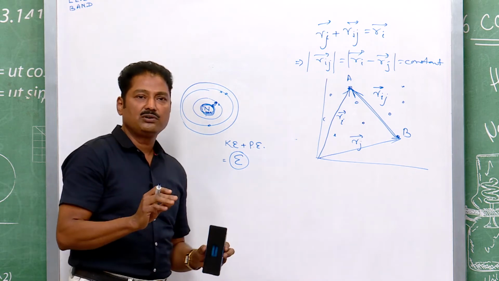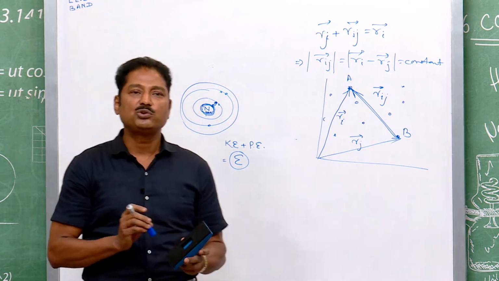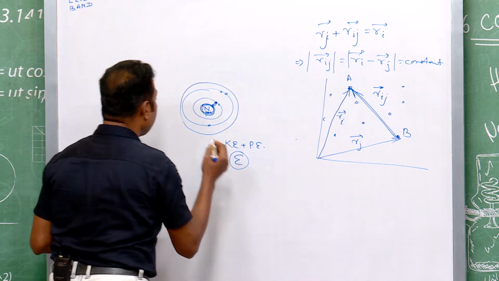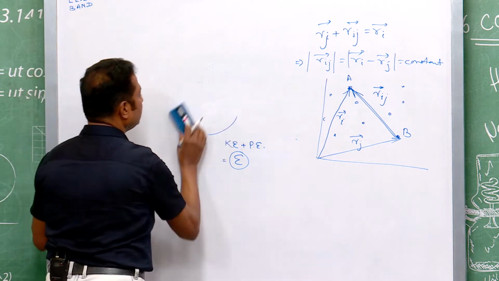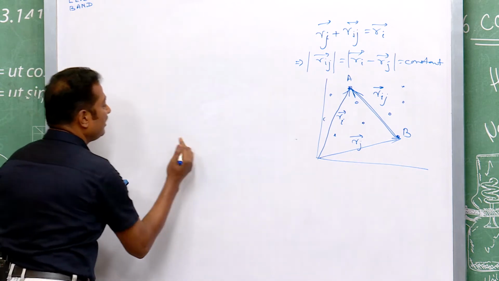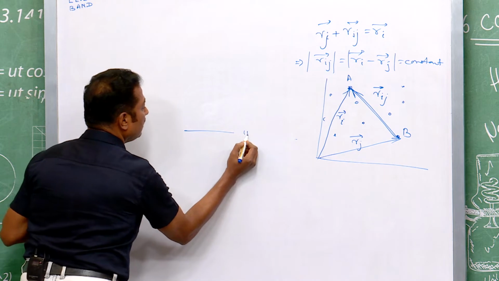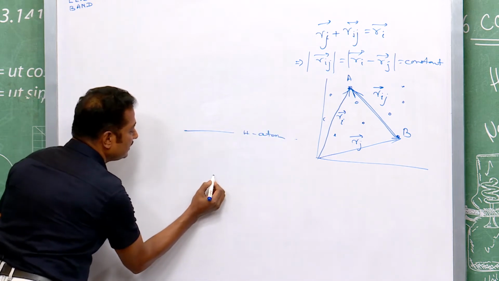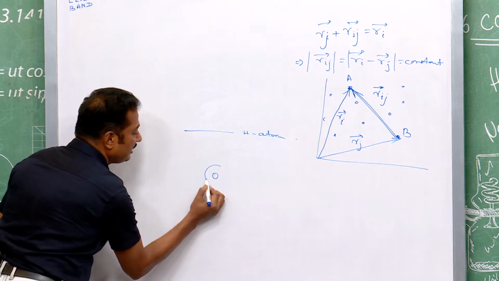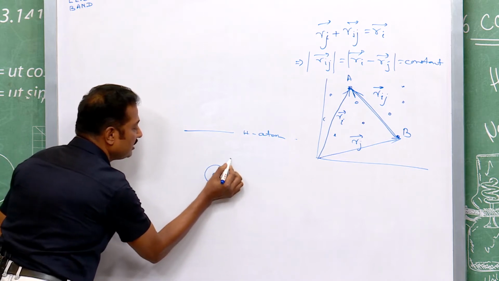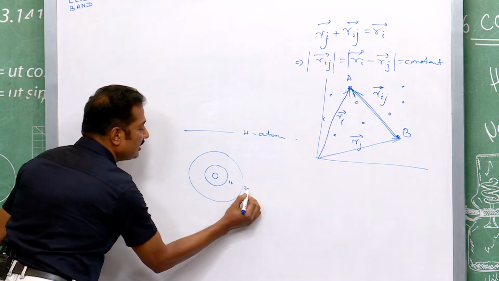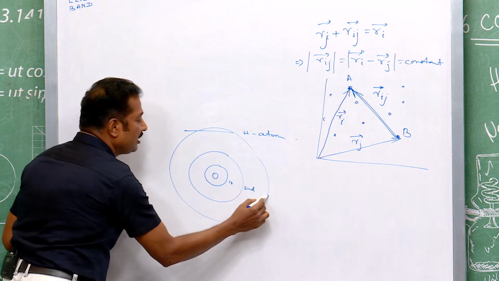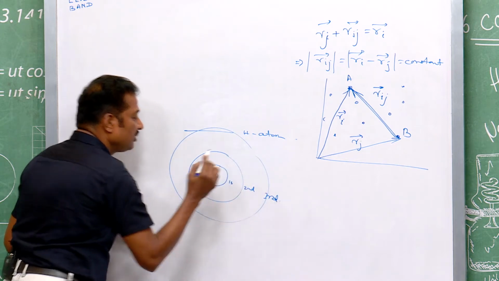And we also know, remember your Bohr's theory, the hydrogen atom. There is the nucleus and its first orbit. If there is an excited state, then it will be the second orbit, then the third orbit if possible for excitation.